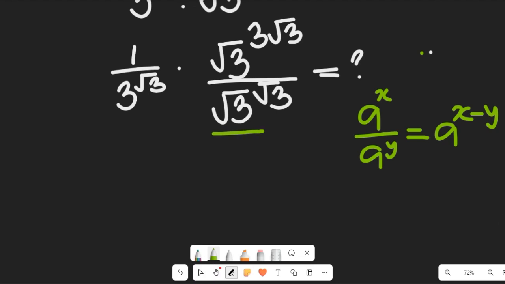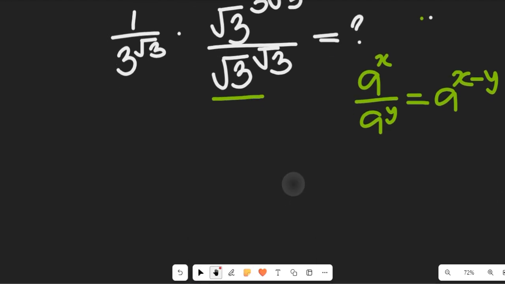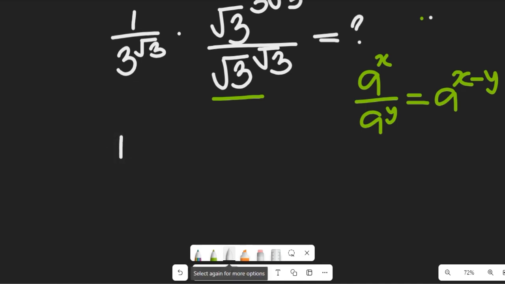If we apply that to that expression, it will now give me, since they have the same power root 3, 1 divided by 3 root 3 multiplied by, what do I have there?